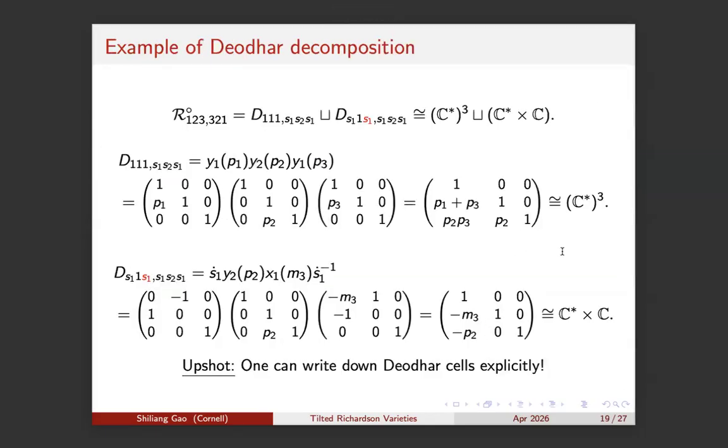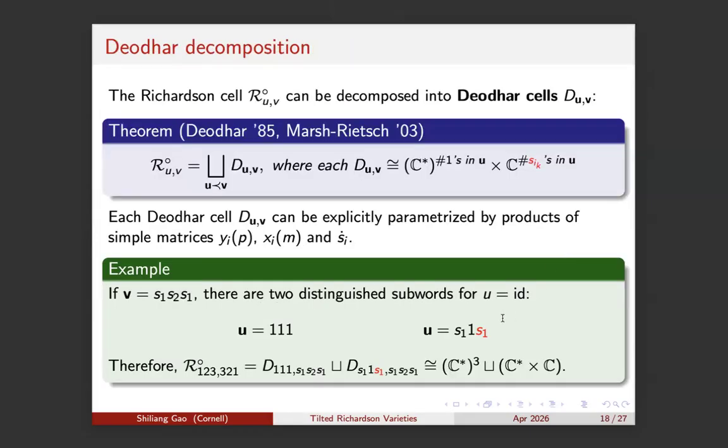And we can actually... Just sorry to interrupt. What is the difference between Deodhar's result and Marsh–Rietsch's? Right. So I think Marsh and Rietsch give this explicit parameterization in terms of these product matrices. Yeah, but it looks a lot like Deodhar's, but maybe there's a difference.